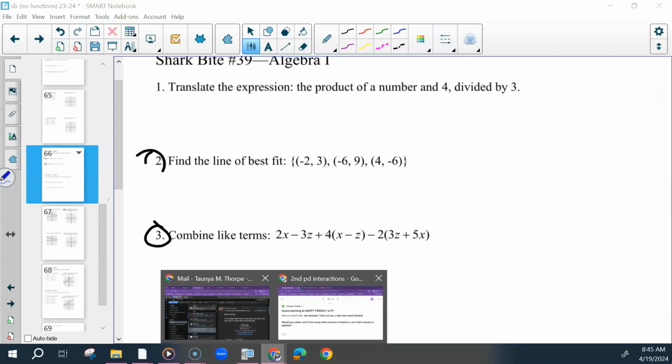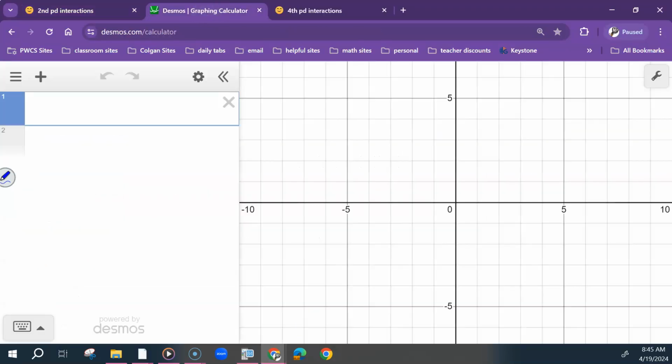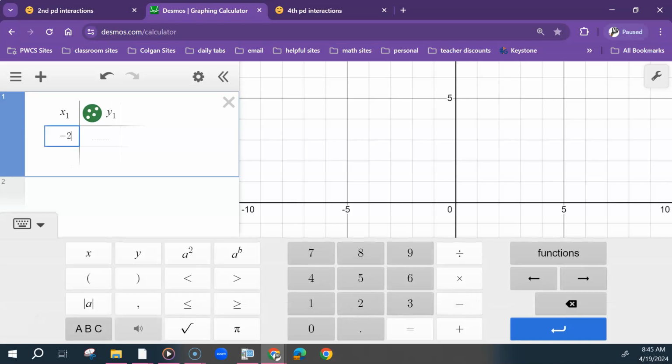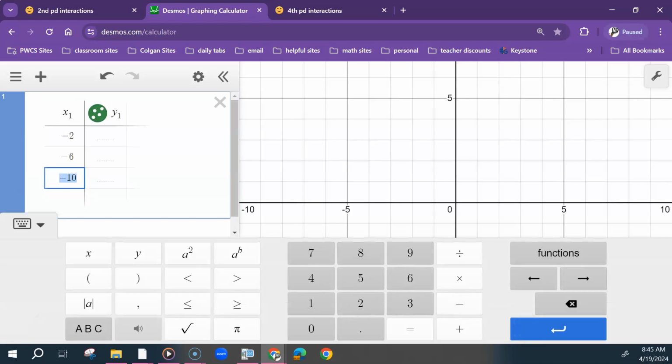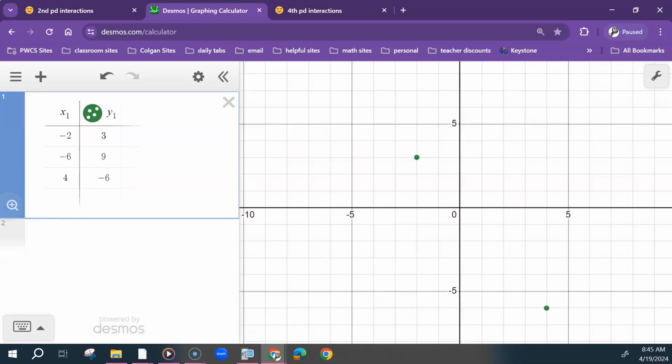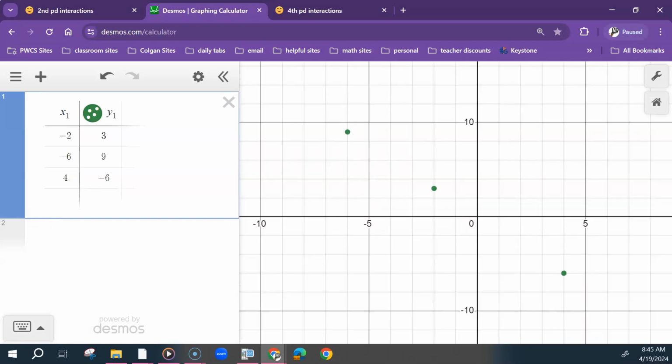To find the line of best fit, you need to put that into your table. So I can see that a line is forming.